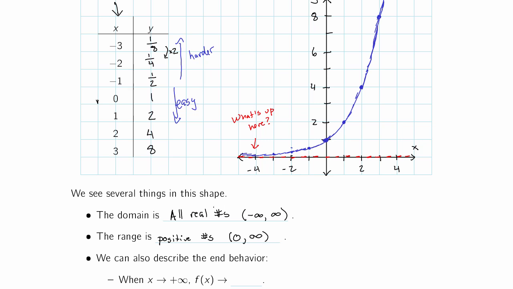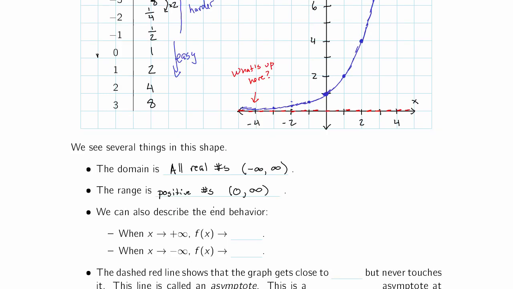We can also talk about the end behavior, like we did for the power functions and the polynomials. When x gets very, very large, so when x is a large positive number, f of x is also a very large positive number. But when x is a very, very large negative number, we don't get negative values of f of x.